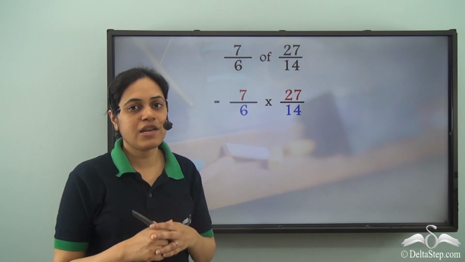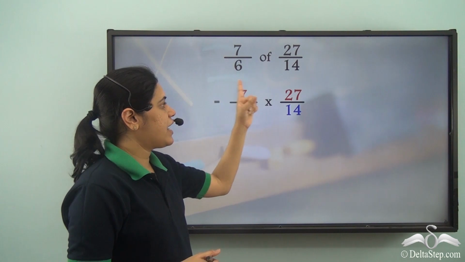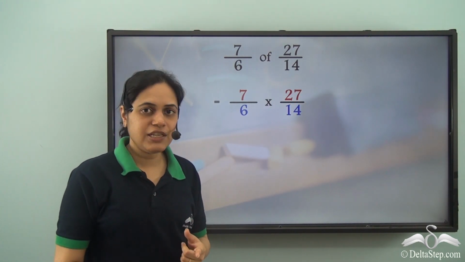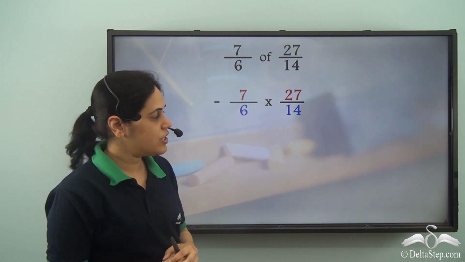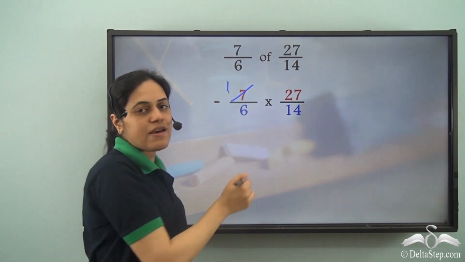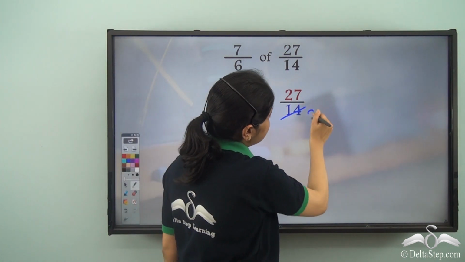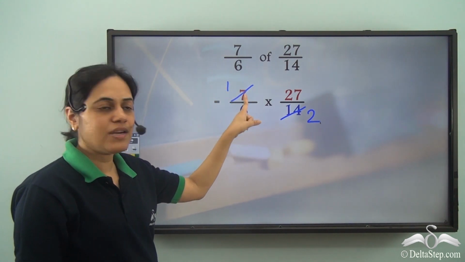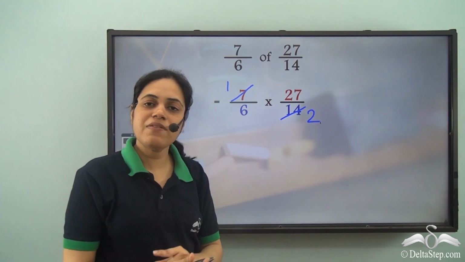That is, if there is a number which divides any numerator and any denominator, I need to cancel them out first. So I see that 7 divides this 7 and 7 also divides 14. So 7 divided by 7 is 1 and 14 divided by 7 is 2.